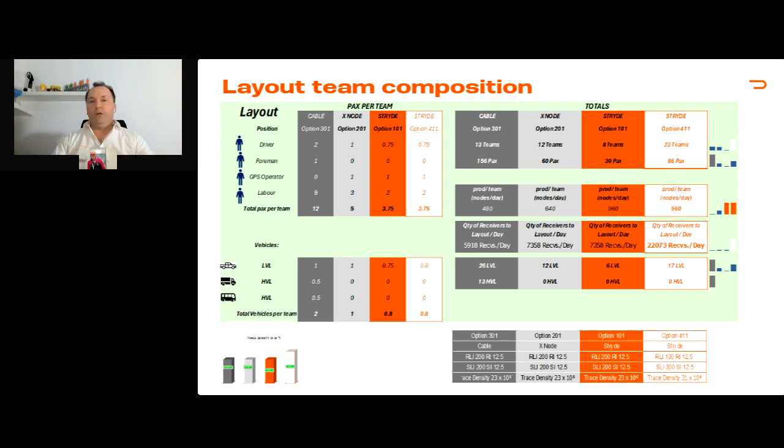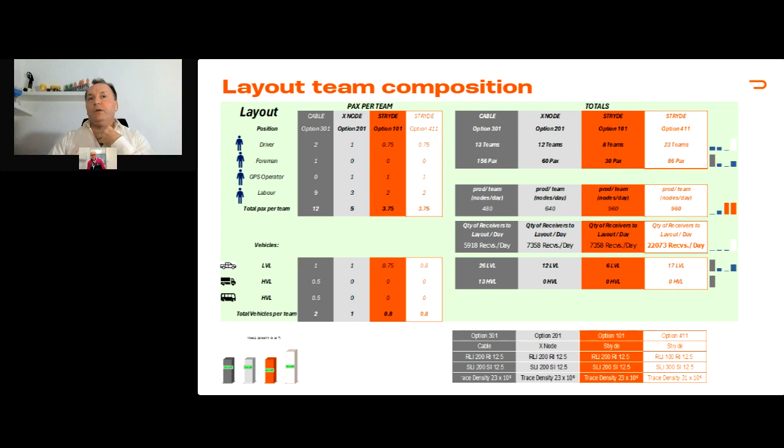So when we look at the size of a crew, we have to take into account the number of teams. If we were to have, for this particular program, the requirement to lay out about 600 stations per day with cable, we need about 156 people in the recording team for layout.